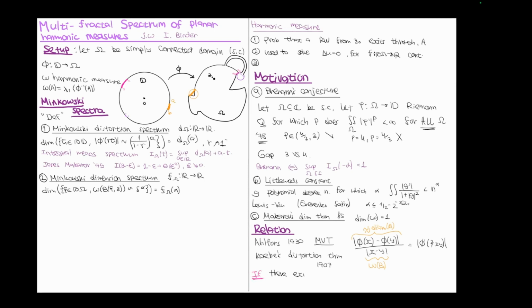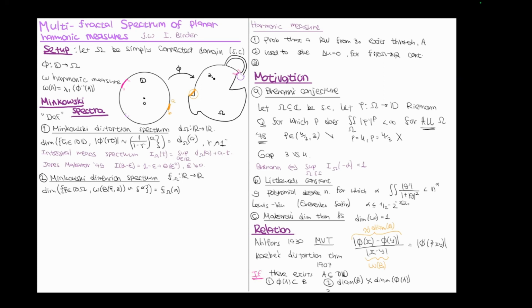It means that if there exists some arc on the boundary of the disk satisfying 3 conditions. So we want the image of the arc to sit inside my disk. We want the diameter of the disk to be comparable with the diameter of the image of that arc.